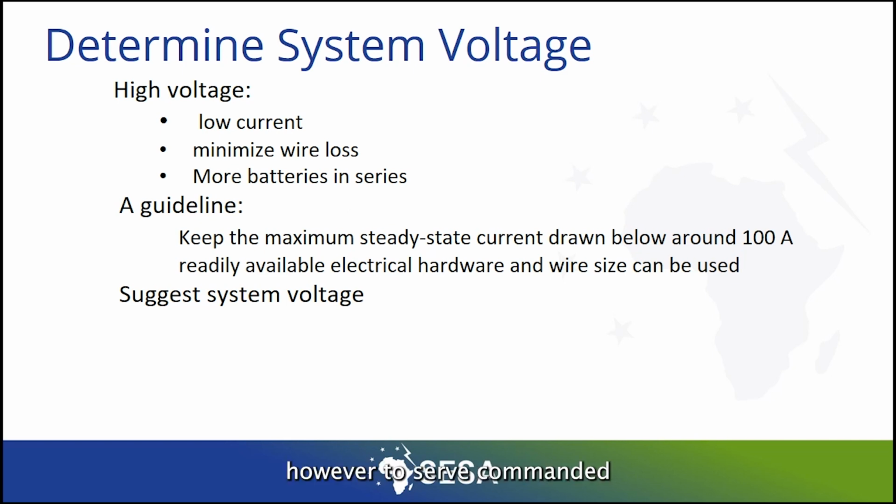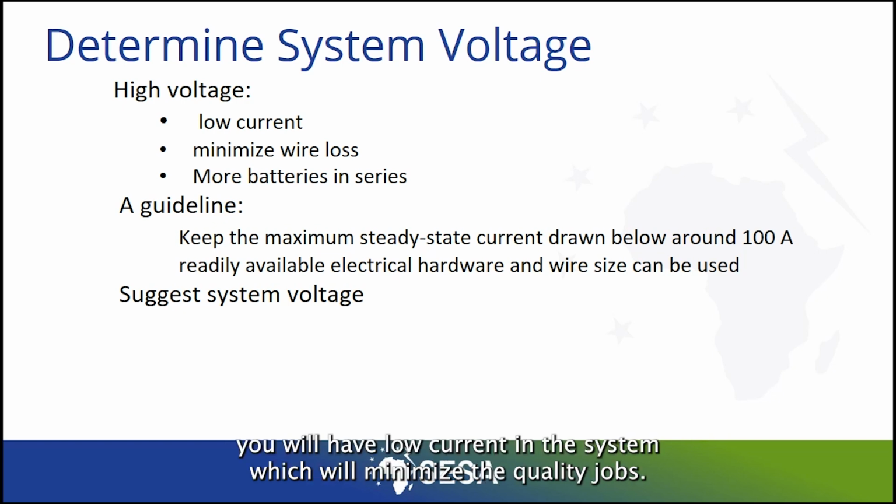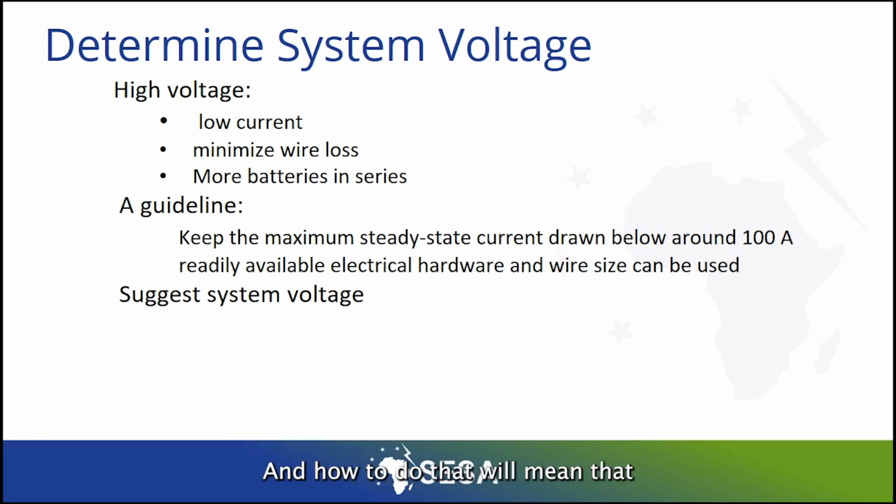However, it is recommended to have a high voltage in some situations, because with a high voltage you will have low current in the system, which will minimize the voltage drops. However, that will mean that you will need to have more batteries in series and more panels in series, and therefore will add to the cost of the system.